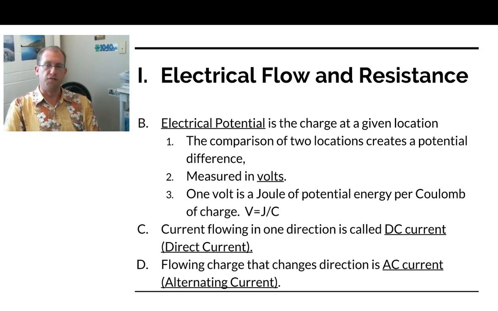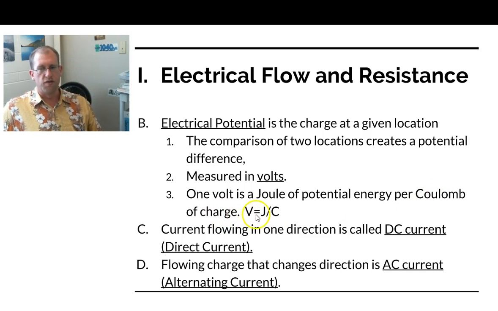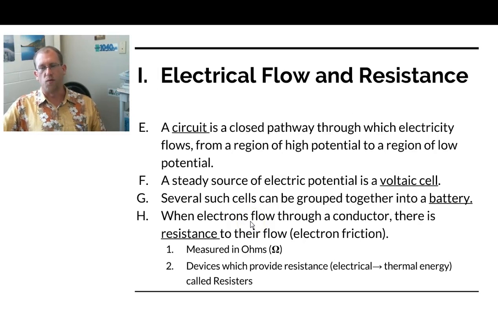What's the charge difference from point A to point B? We measure that in volts, okay? So 1 volt is a joule of potential energy per coulomb of charge. A volt is a J over a C. And so we use a volt as the measurement of charge separation.